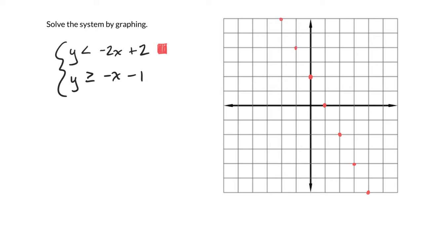So we've got 7 points right there. So I have to look back and see that this is just a simple less than, not less than or equal to. So that means that my line is going to be dashed. So let's get a dashed line in here. And we'll get it as close as we can, and dash, dash, dash, dash.